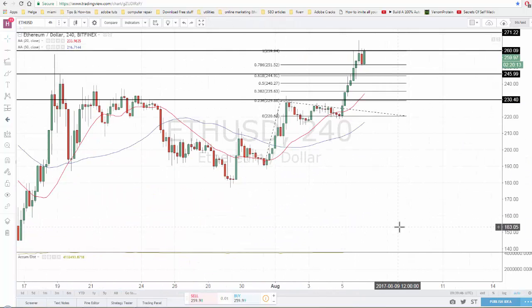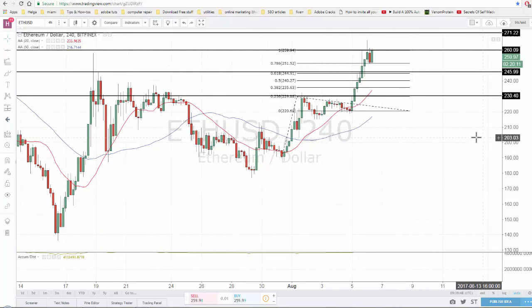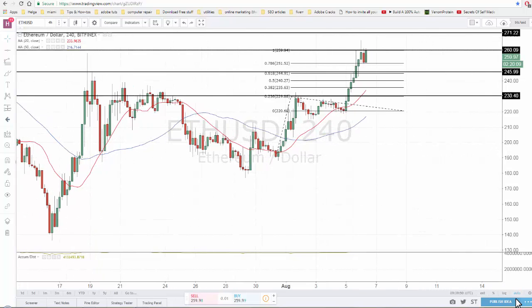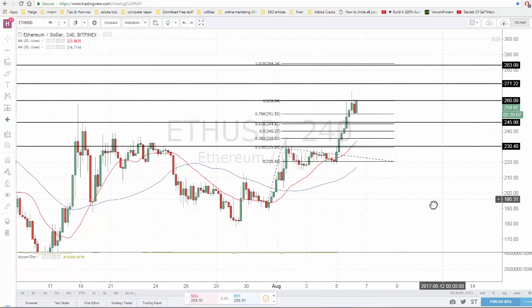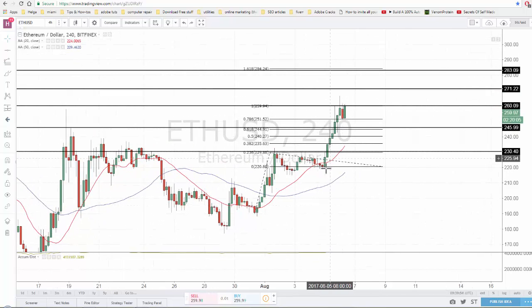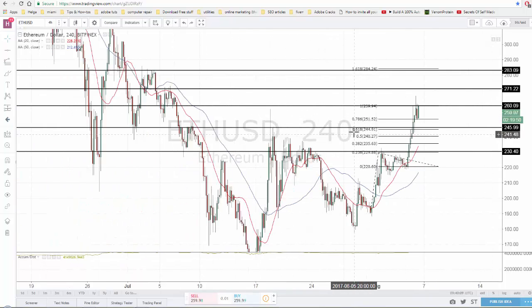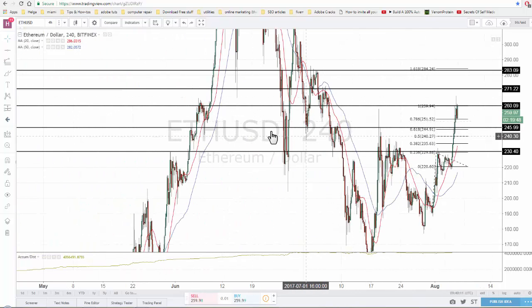Now, let's zoom in. What do we get here? We get a few Fibonacci lines above the price, which are estimates of where the price could be bouncing back down. So you want to cross-check that you not only have one Fibonacci line there, but you also have a resistance line that comes from the past in the chart.